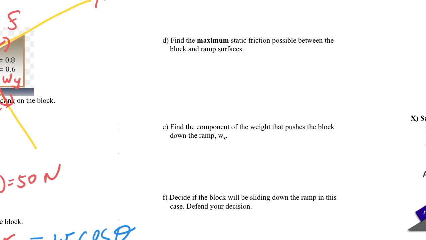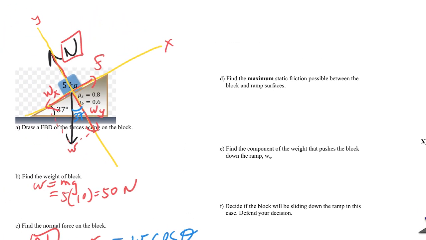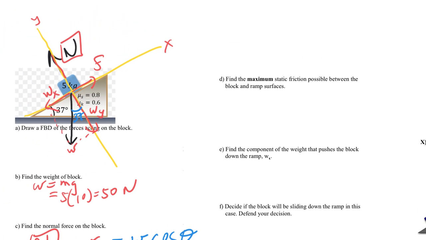Letter D, find the maximum static friction possible. Okay, well, I don't need the picture for that. Mu s is Fs max over N, normal force.